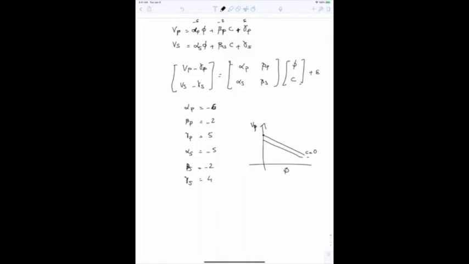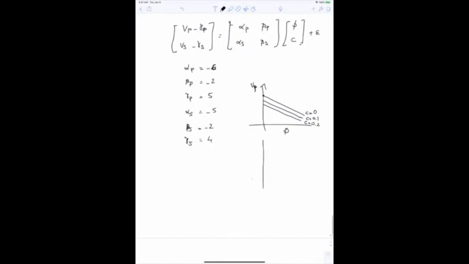So this would be for clay content equals 0.1. This would be for clay content equals 0.2, and so on and so forth. And the same for Vs. So you have a bunch of equations that are parallel to each other for different clay values. So this one here starts at 5, this one here starts at 4. This is the Vs, this is the Vp. That's the way to visualize multiple linear relations.